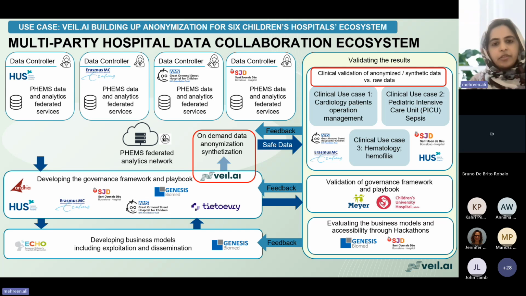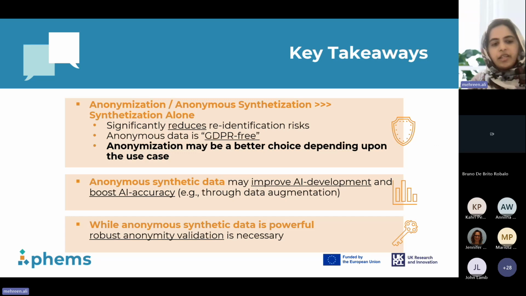So this brings me to my last slide now, and I would like to wrap up with 3 key messages. First, anonymization combined with synthesization is more privacy protective than synthetic data alone. When anonymity is verified, it significantly reduces re-identification risks, and we can safely say then anonymous data is GDPR free.